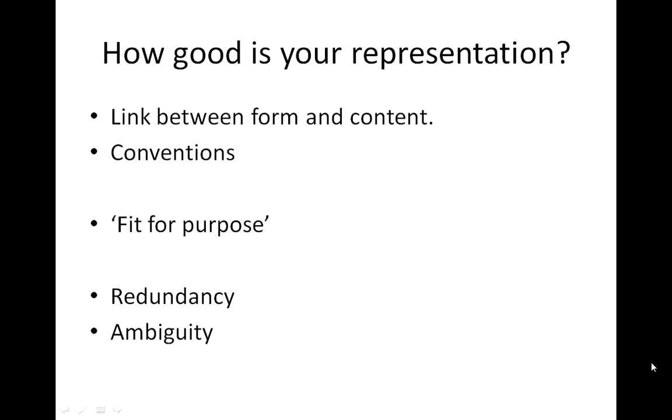Ambiguity. You want to make sure that your representation is as unambiguous as possible. This may not always be possible, because relating to the convention, different things mean different things for different user groups.